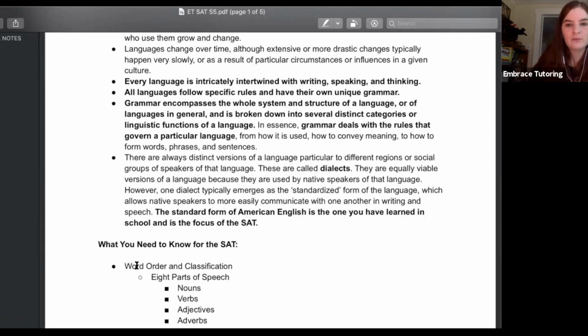So really, with the reading test, once you've got your strategy, you want to keep practicing it until it becomes second nature, and refine your timing, and work on identifying question types.